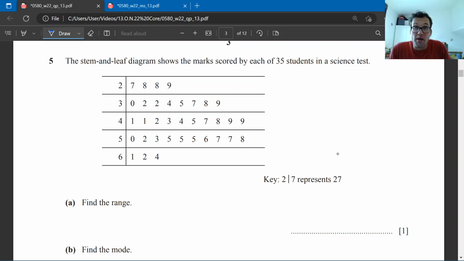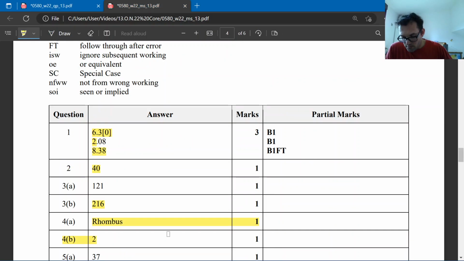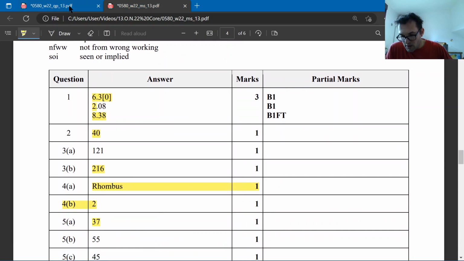The range is the biggest value, 64, minus the lowest, which is 27. 64 minus 27. What is that? 37. Is it? Use your calculator, don't guess. Okay, it is 37.